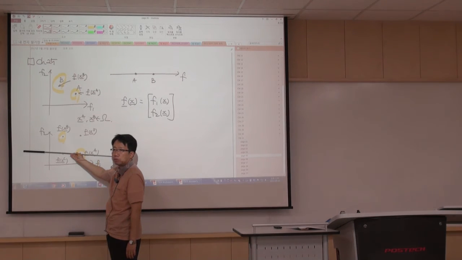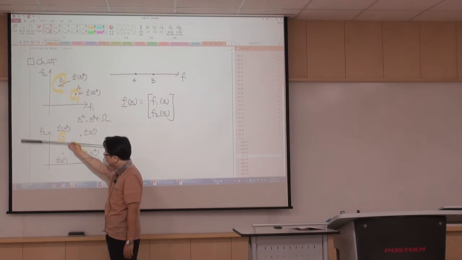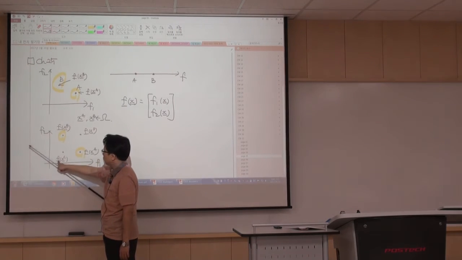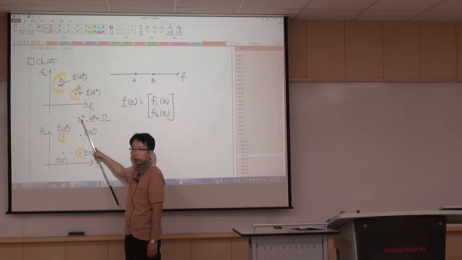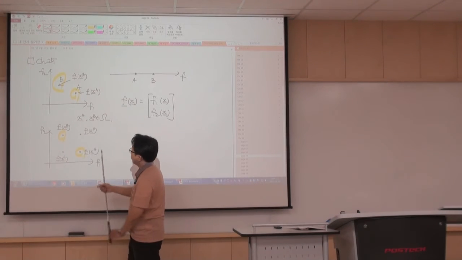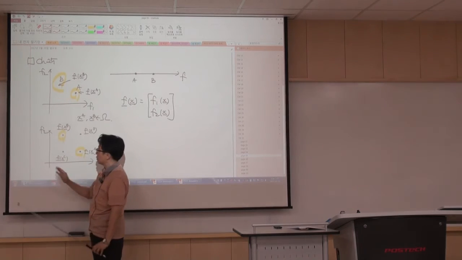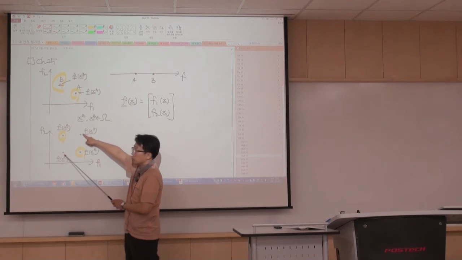Now, what do you want to claim according to your intuition? f2 is the same. Then you want to say that f of xc is smaller than f of xa, right? And also, f of xc is smaller than f of xb because they have the same f1 value.